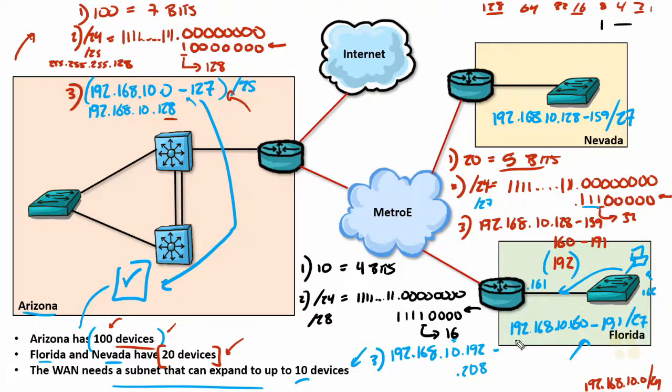So 192.168.10.192 through 207 will be it. That's our network range. /28 is the subnet mask, so that's where I would go to the Metro E Cloud and say, you, my friend, get 192.168.10.192 through 207.